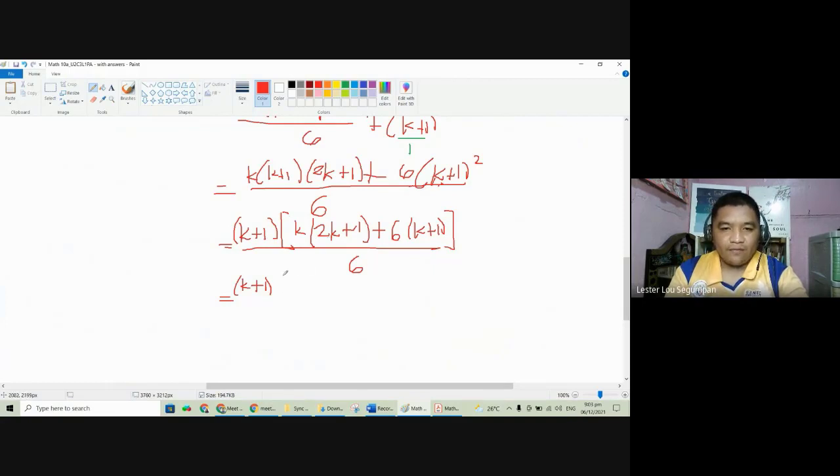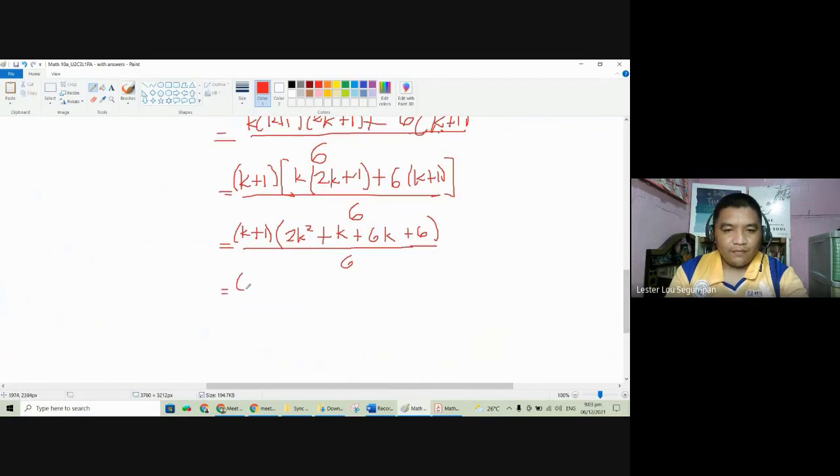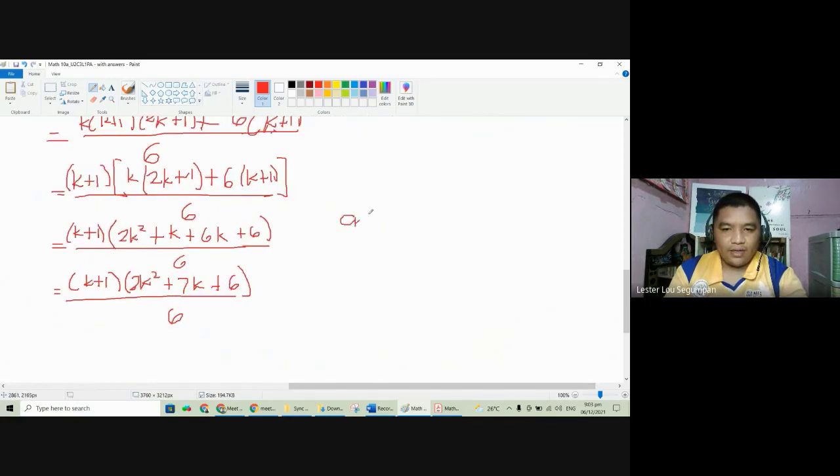Let's just continue with whatever is left inside. So you have k times 2k is 2k squared. k times 1 is k. You have here 6k and you have here plus 6, all over 6. Or you have here k plus 1 times 2k squared plus k plus 6k is 7k, and plus 6, all over 6. Let's try to factor this out. AC way.